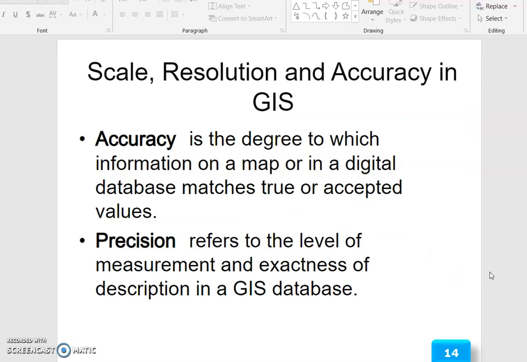So accuracy is the degree to which information on a map or in a digital database matches true or accepted values. Precision refers to the level of measurement and exactness of description in a GIS database.